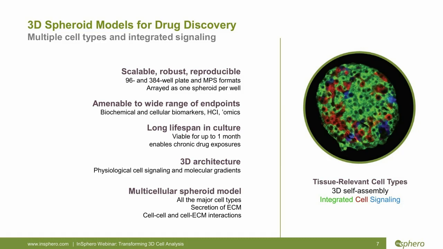For example, as shown on the right, islet alpha and beta cells, labeled red and green respectively, form distinct clusters in the human islet spheroid. This organization is identical to the alpha and beta cell arrangement that occurs in native islets, and it facilitates tissue-appropriate paracrine signaling.